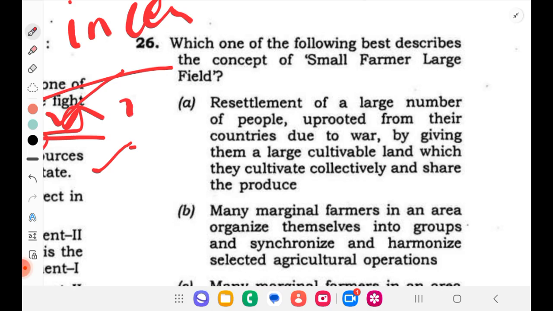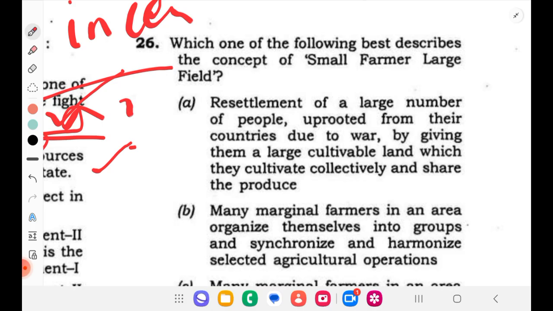Apart from that, we have farmer producer organizations, where again farmers retain ownership and have a small organization for better market access. Then we also have land leasing, again between the farmers and corporates or governments. Then we have community supported agriculture, between the farmers and the consumers.